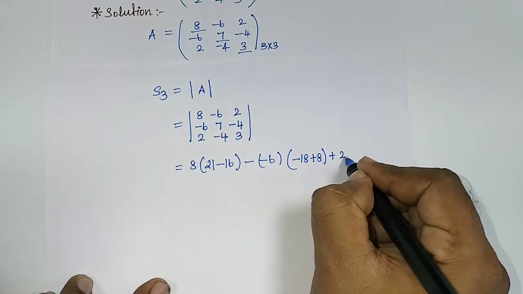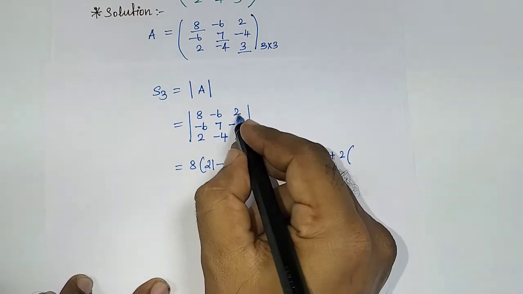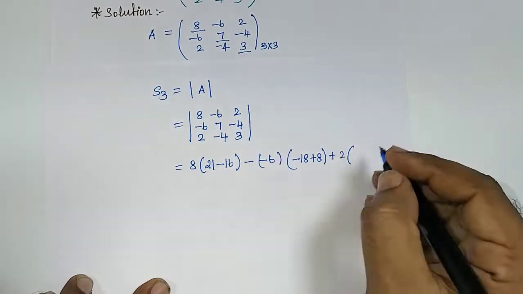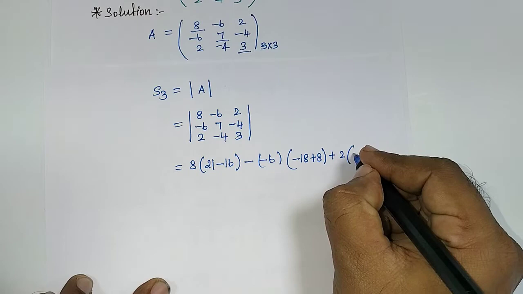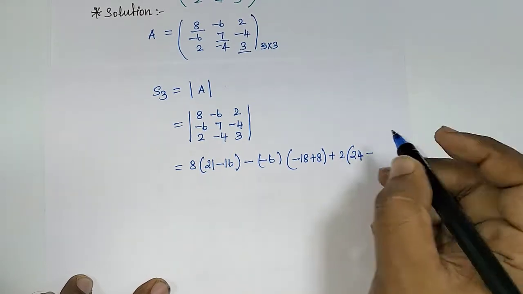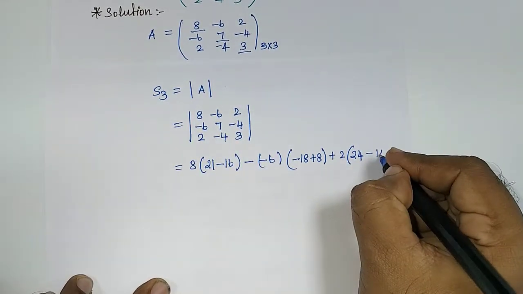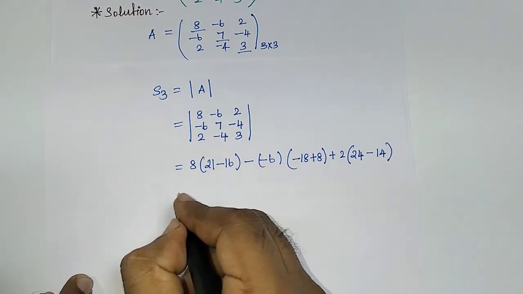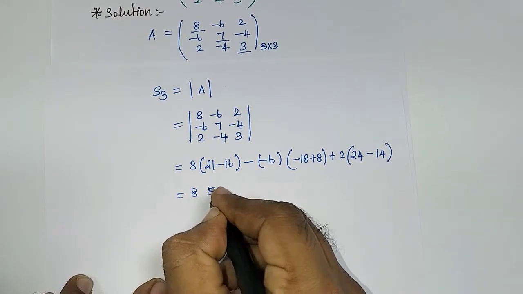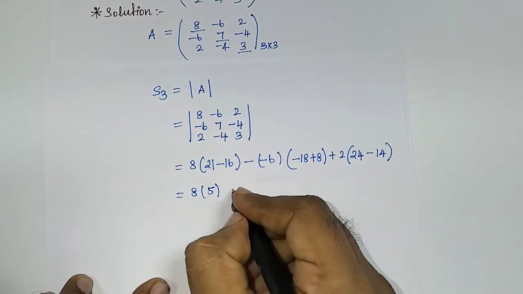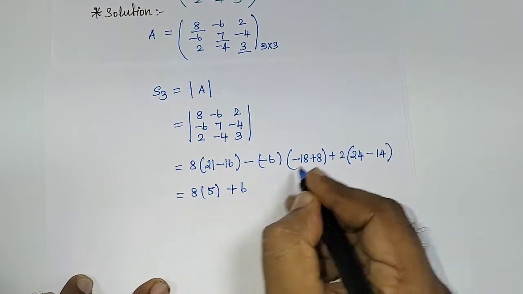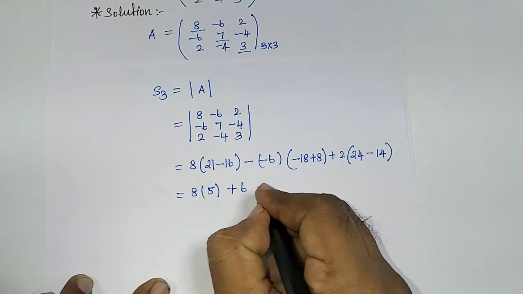Plus 2 of: omit this row and column, remaining minus 6 into minus 4 is 24, minus 2 into 7 is 14.